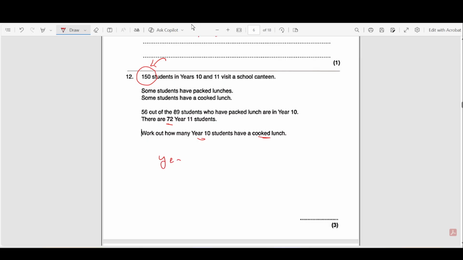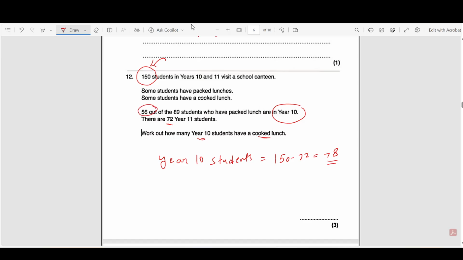So to find year 10 students, we can just subtract 72 from the total, which gives 78. So year 10 students are 78. Now we know that 56 out of 89 have packed lunch and they are in year 10, so year 10 students with packed lunch are 56, right?